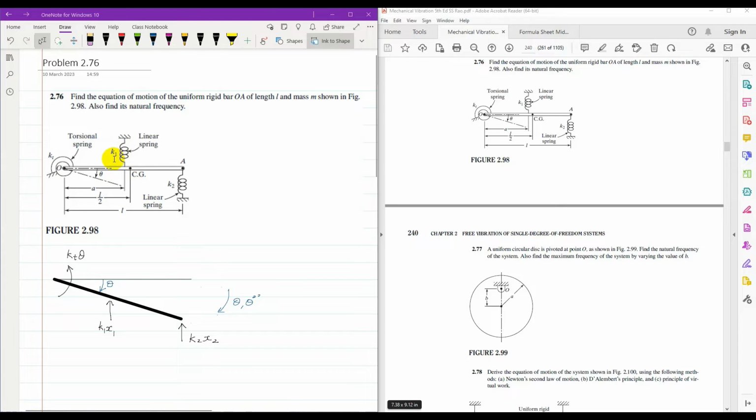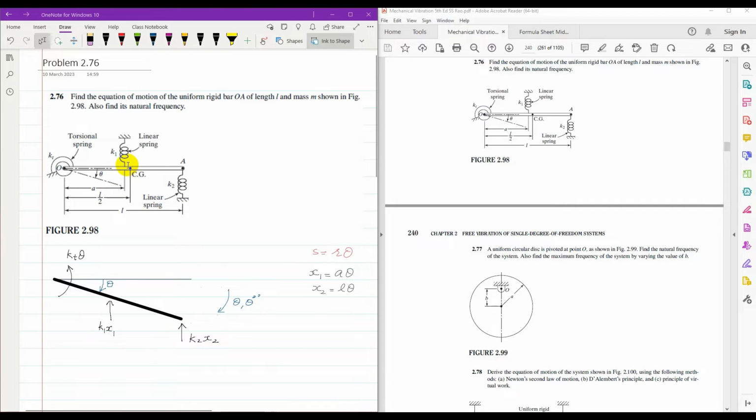The linear displacement of spring K1 I assume is x1, and the linear deflection of spring K2 is x2, in the vertical direction. Using s equals r theta, x1 is equal to its radius of rotation a times theta, and x2 is its radius of rotation L times theta.